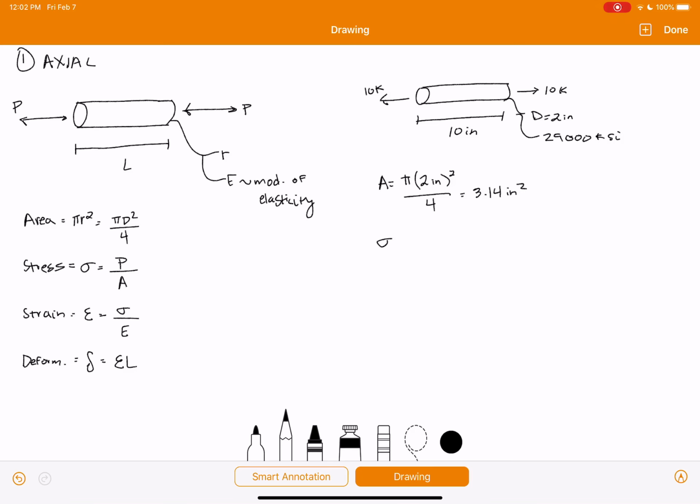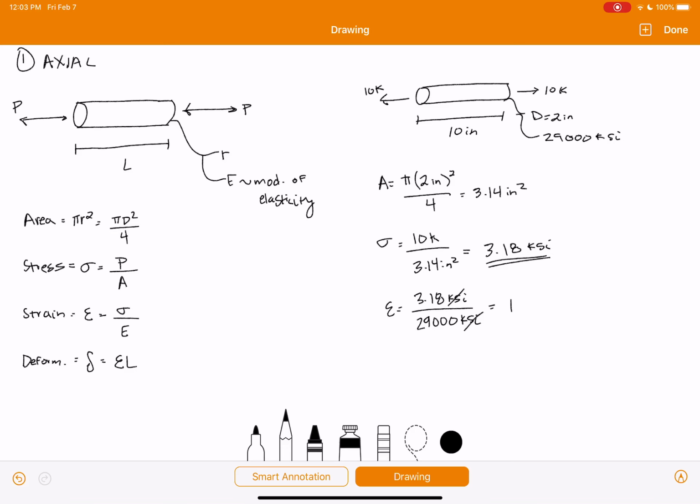Then we can find our stress, which is just P over A, so 10 kips over 3.14 inches squared. And we'll get 3.18 KSI. Then we can find our strain, which is just our stress, 3.18 KSI, divided by our Young's modulus, which was given in the problem as 29,000 KSI.